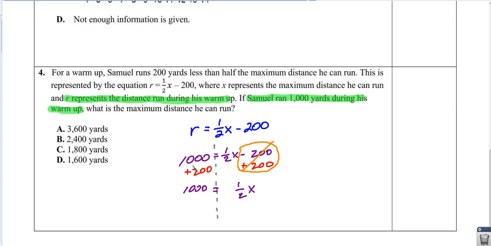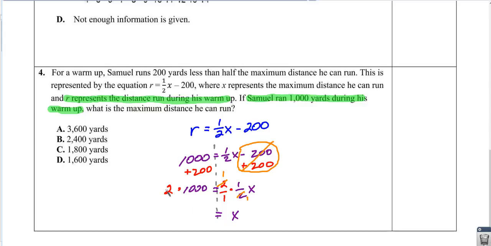How do we get rid of the 1/2 coefficient? What do we do? Multiply by the reciprocal. And what is the reciprocal? 2/1. Yeah, we're going to multiply by the reciprocal on both sides. We're multiplying by 2 on both sides. Here on the left, I can just show it as 2. Here on the right, as Peyton said, we want to show it as 2/1 because we're thinking of fractions times fractions. This cancels against that. We're left with just x.